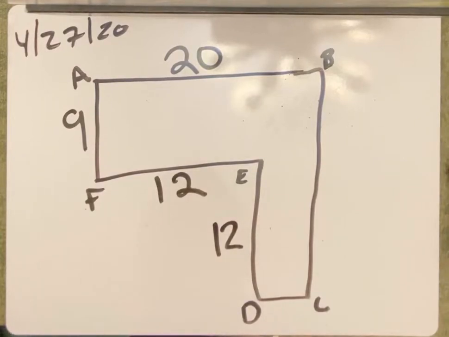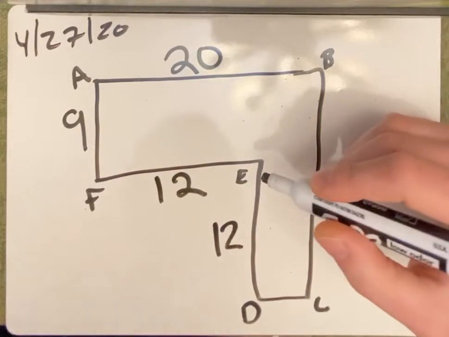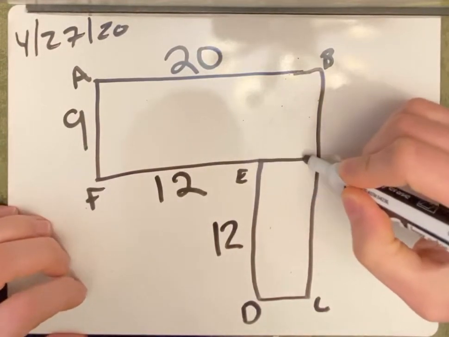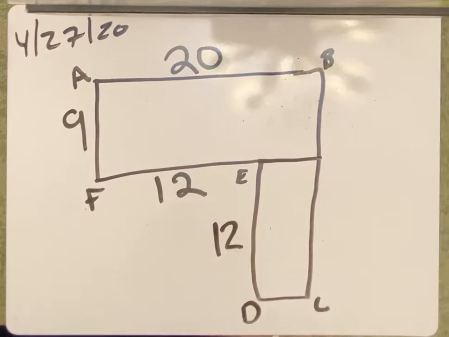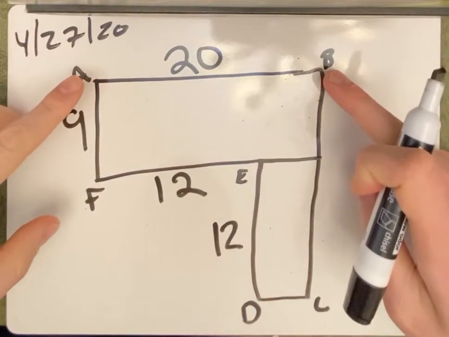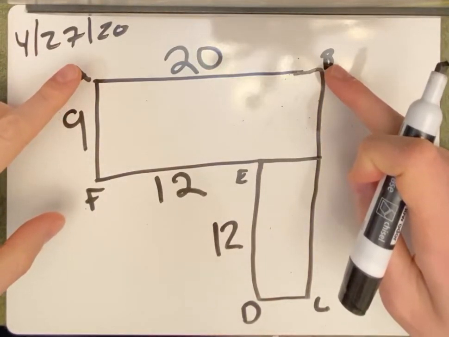So, what can I do here? Well, I'm going to mark this up here, like this. Okay? And let's see what happens. So if this whole thing is 20, right?